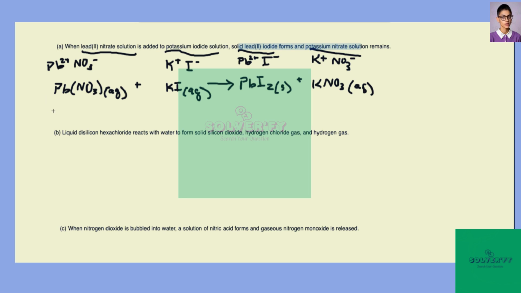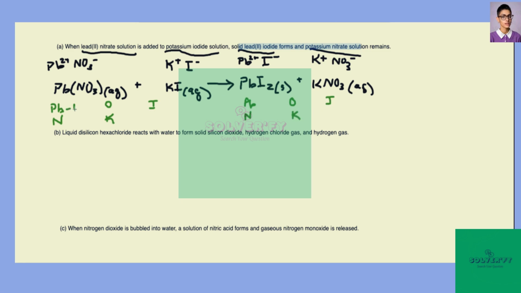So on this side, we have lead, nitrogen, oxygen, and potassium. And we have the same elements on this side as well. Lead and iodine, nitrogen, oxygen, potassium, and iodine.